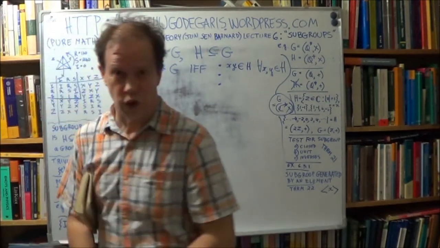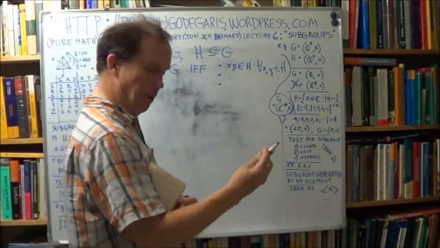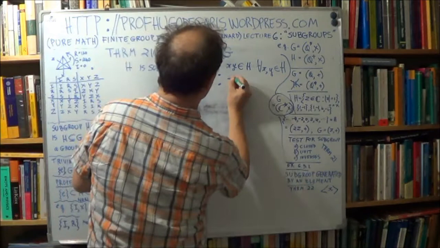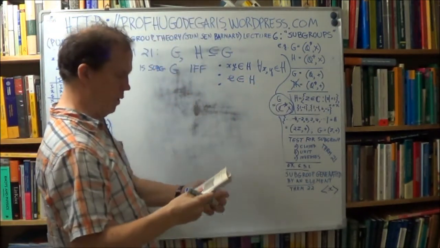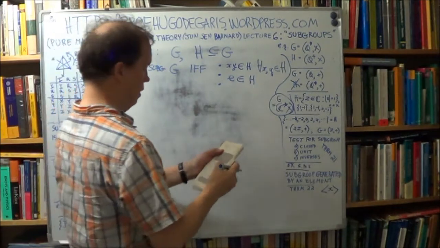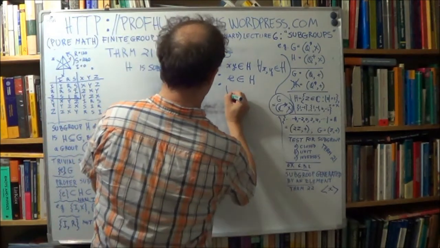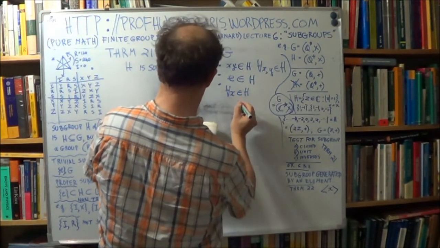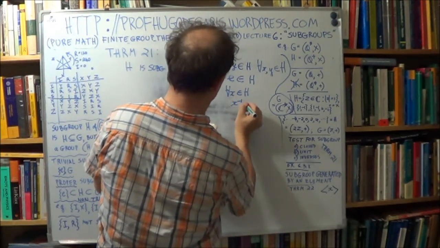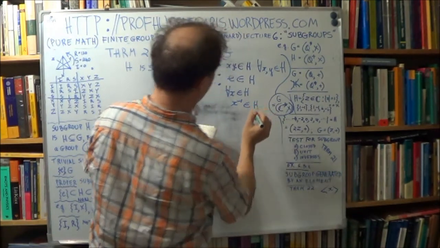That's another thing. Chalk does not dry out the way these pens do. So E belongs to H, and the third one is that for all x belonging to H, x inverse belongs to H.